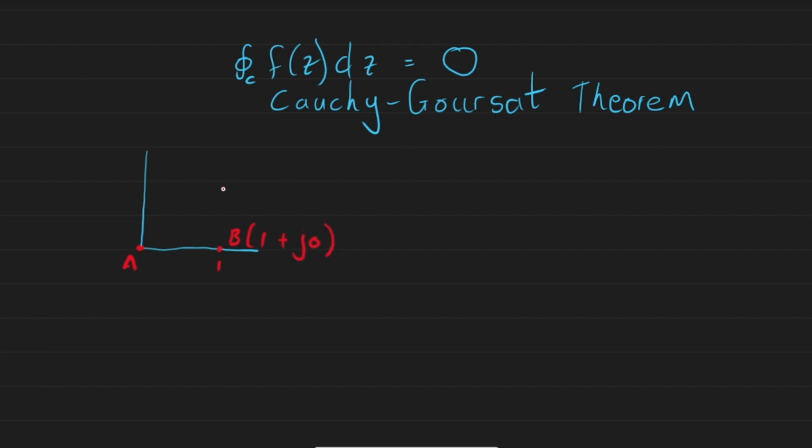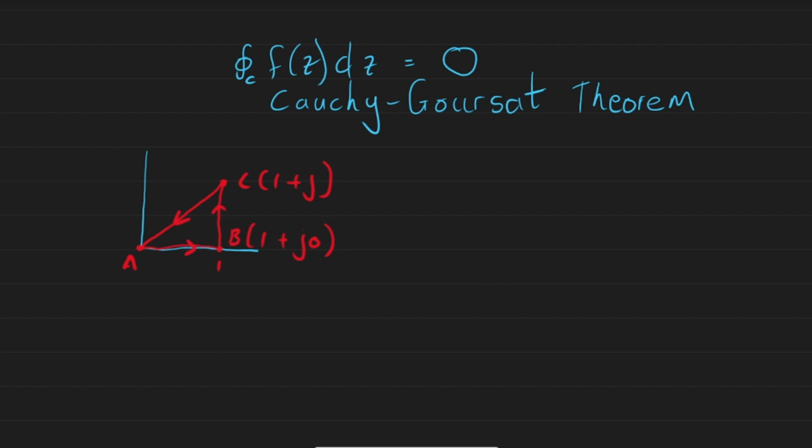And then we can also have C, and C is the point 1 plus j. So let's consider a path where we go from A to B, and then B to C, and then C to A.